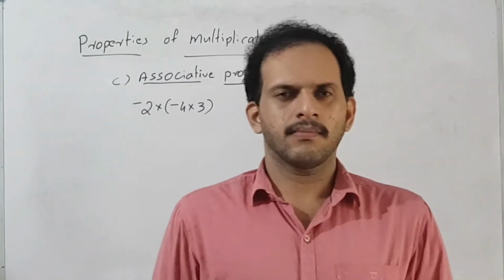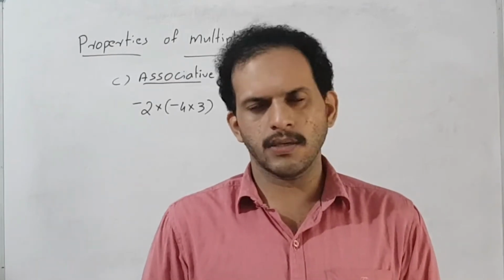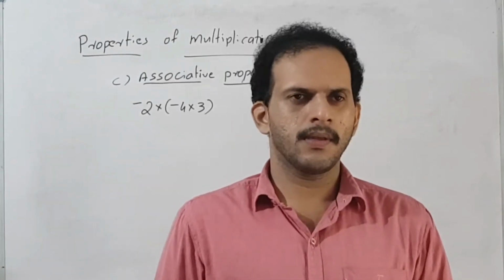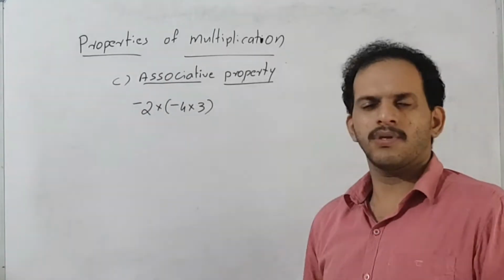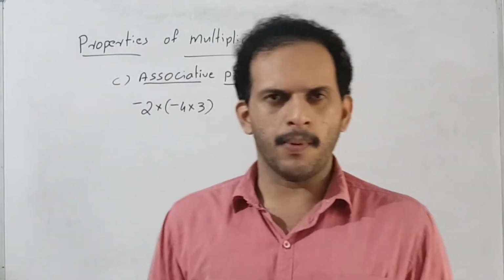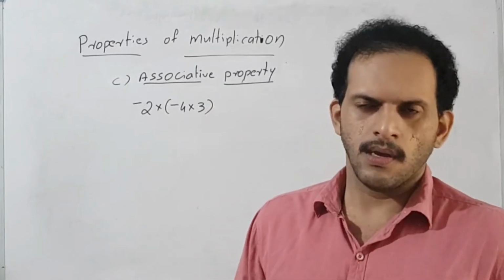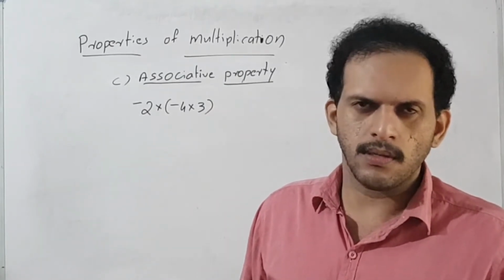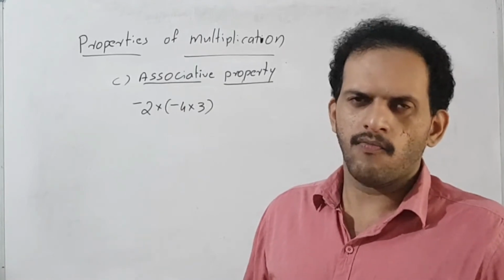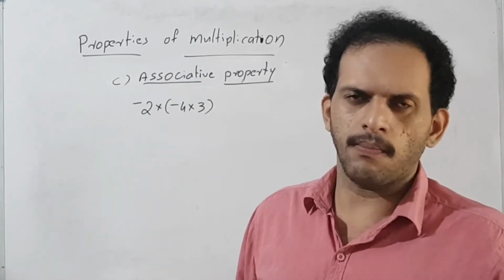Next we are discussing the associative property in the case of multiplication. Okay, then we know what is the difference of associative property and commutative property. We already discussed that once. The associative property we discuss in the case of more than two numbers. The commutative property we discuss in the case of two numbers, correct?